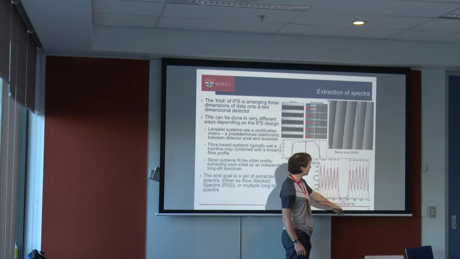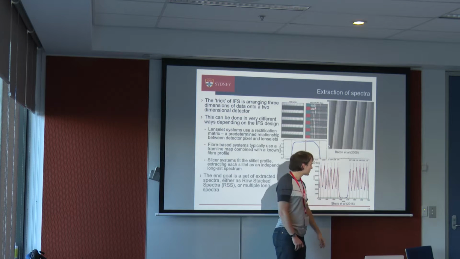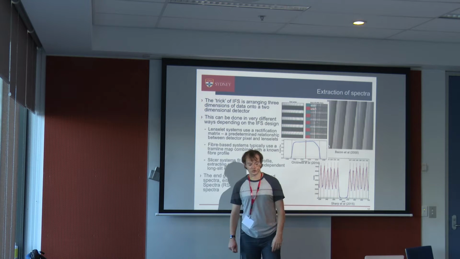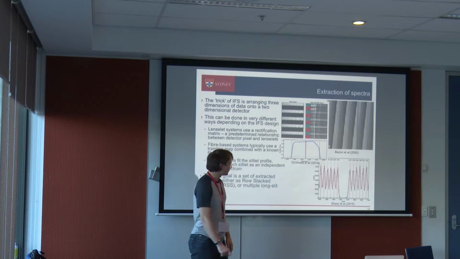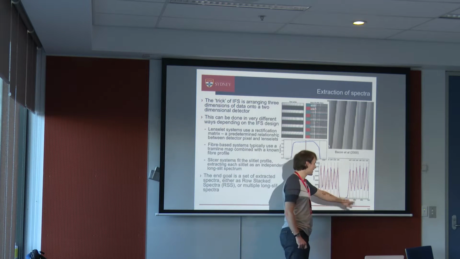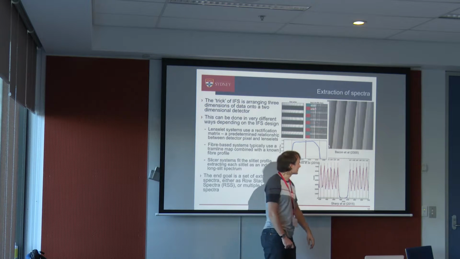Here's a gap between the bundles. Here's another bundle, individual fibers. You'll notice that these don't go to zero within an individual hexabundle. So the spectra from adjacent fibers are overlapping, at least within a hexabundle in SAMI. That makes it somewhat harder to extract.